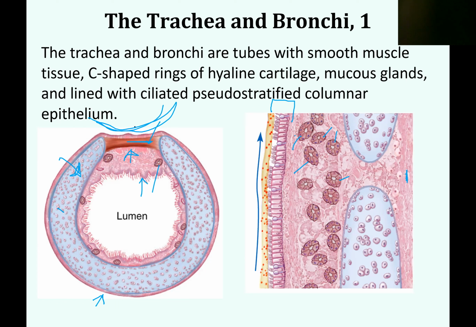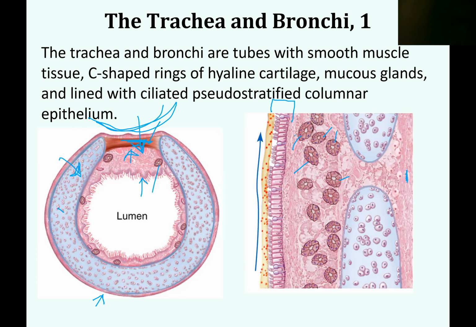So when we are carrying out peristalsis of a bolus, this will compress up against the trachea, and the open C shape allows the esophagus to expand. That way, you can move material down the esophagus and not completely crush the trachea.